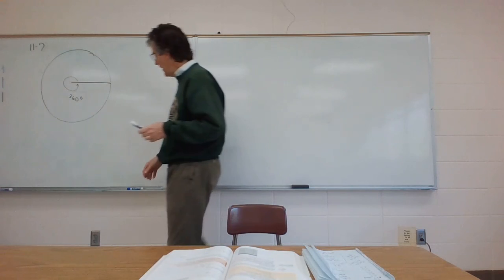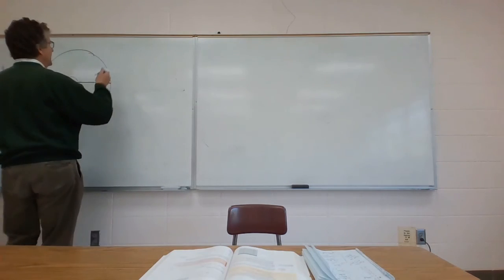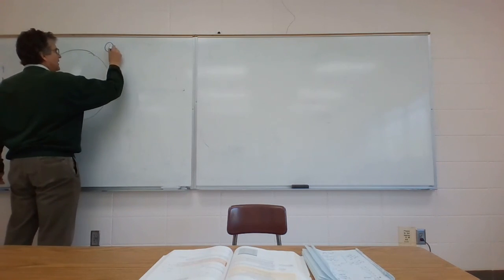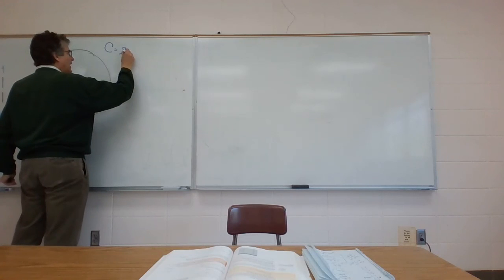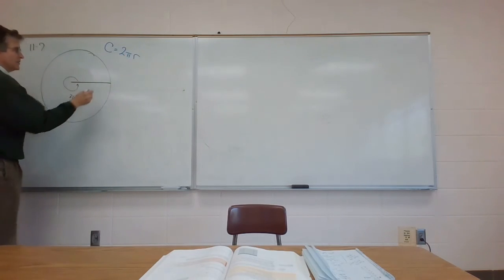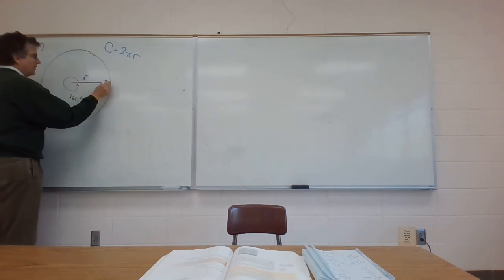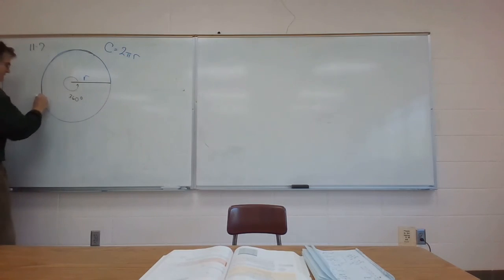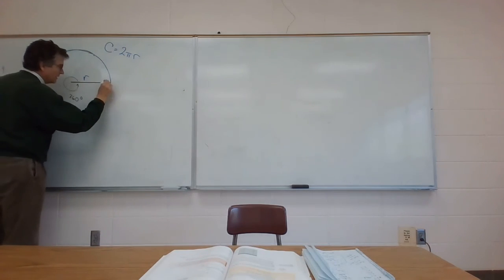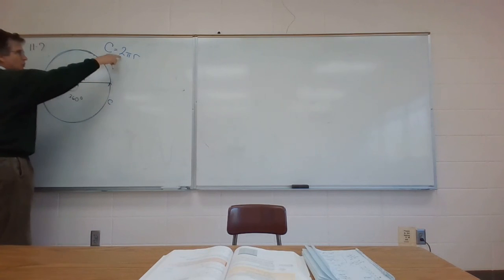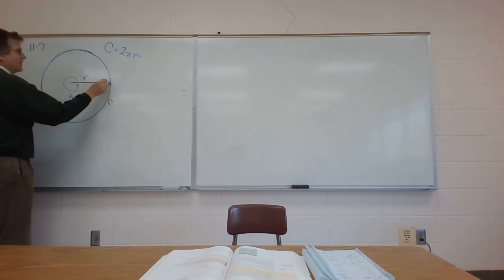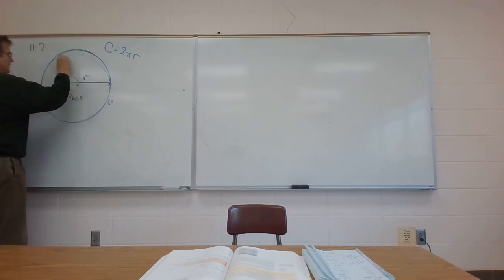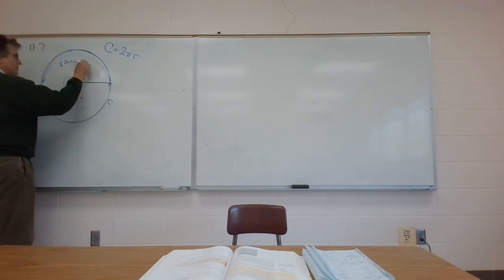Now, where does 2 pi come from? That's radians, and that comes from the idea that circumference is 2 pi times the radius. So if this is my radius, and I go all the way around, then my circumference is 2 pi times the radius. If I go halfway around to here, then this circumference would be 1/2 of 2 pi times the radius, which is just pi times the radius.